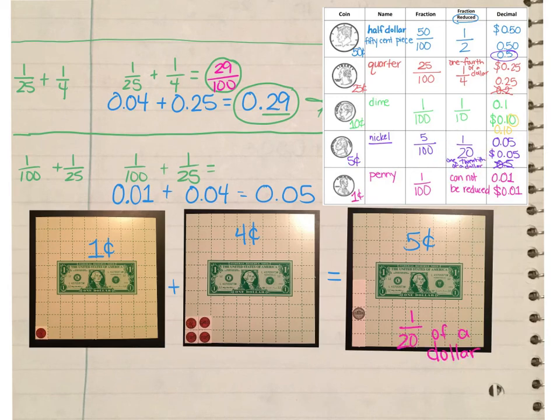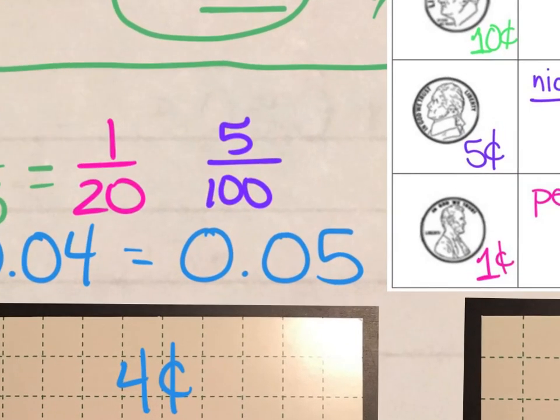So that tells us that our answer is going to be 1/20th. We could have said, oh, I think it's 5 over 100. But then we would have had to say, can I divide these by the same number? Yes, I can. I can divide them by 5.